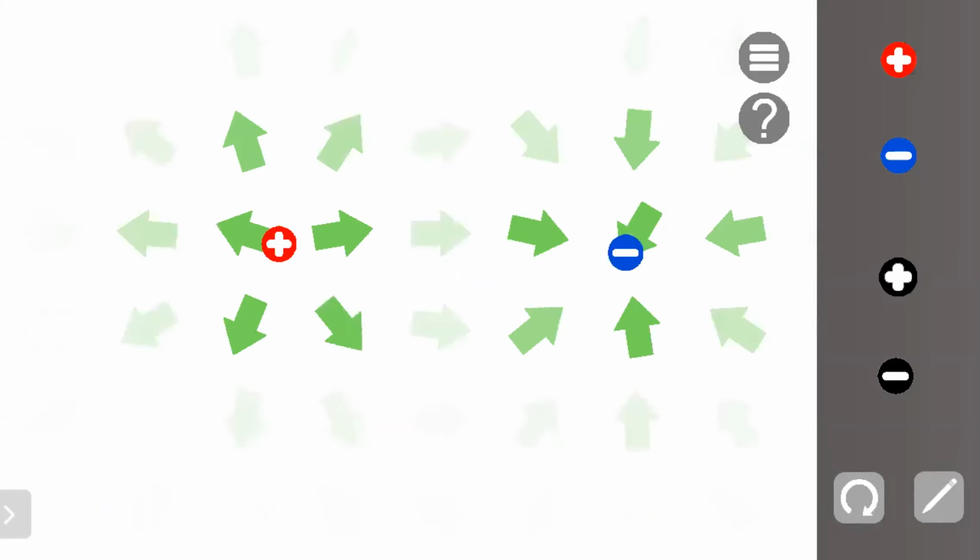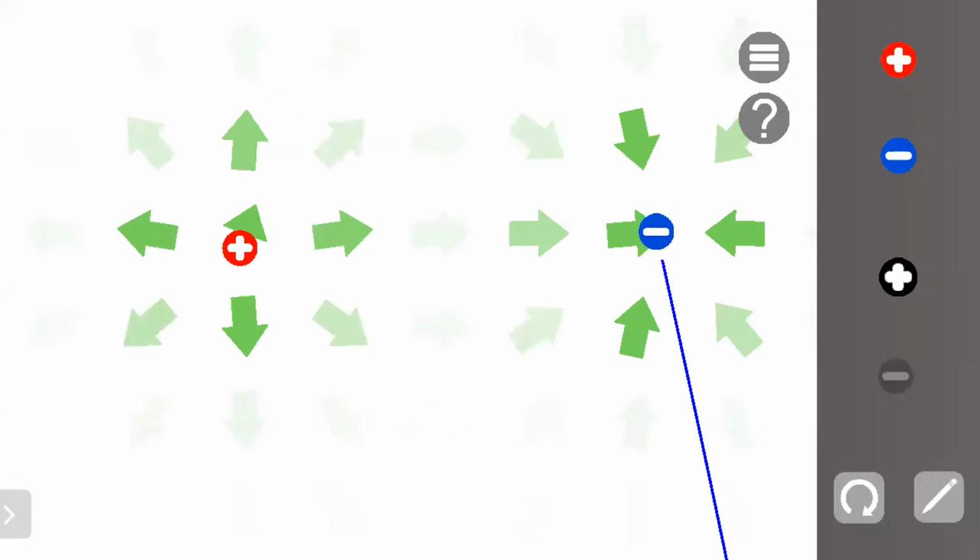Or otherwise, if I place a negative charge very near the positive, the positive charge is dominating. If I put that charge here, the negative charge will dominate.